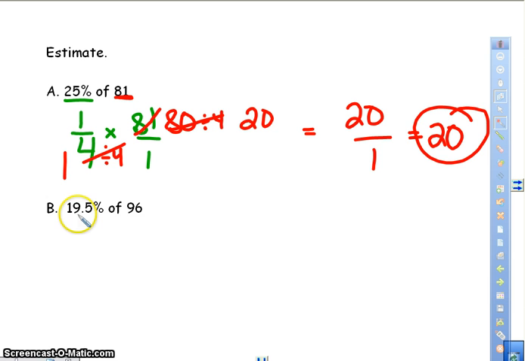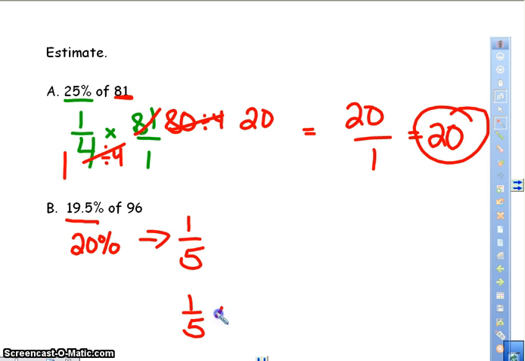Now, 19.5% of 96, if you look on your list from this section, and this is from section 7.3, we're going to pick the percent that's closest to 19.5, which is 20%. We know 20% is 1/5. So now I'm going to find 1/5 of, so I'm going to multiply by 96. Well, we know 96 is not compatible with 5 because it does not end in 5 or 0.